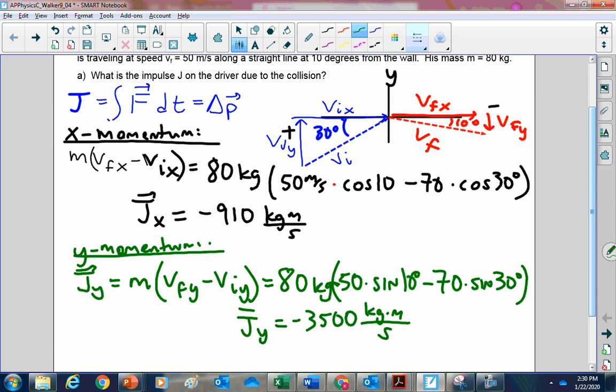It was going in the positive direction, and now in my coordinate system, it's going in the negative y direction.